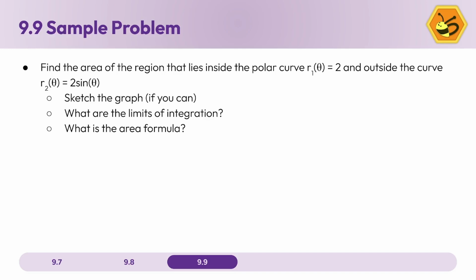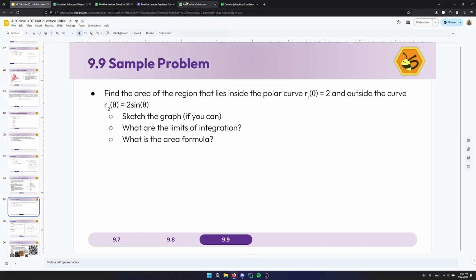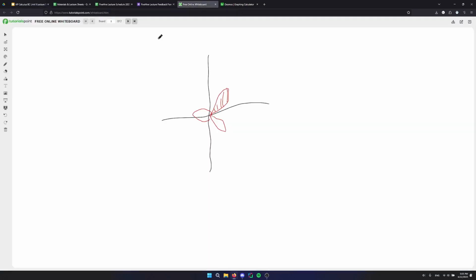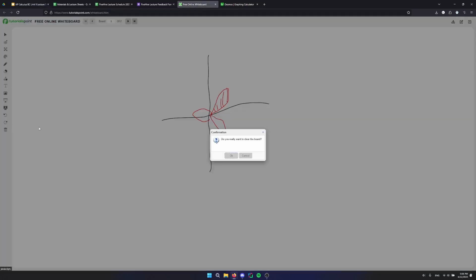Yeah, so if any of you need a hint, our first step would be to graph it. And yeah, this sine function, when we have r equals something sine, it's a circle just not centered at the origin.